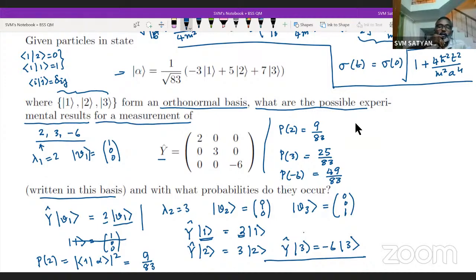Now you can see, of course, you add them up, you should get 1. And that is 1. So these are the probabilities. Okay, is it clear? Any questions?